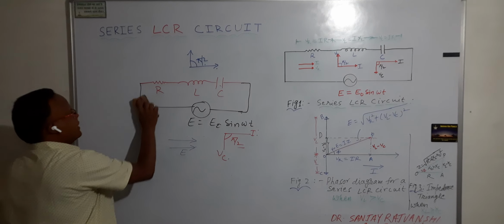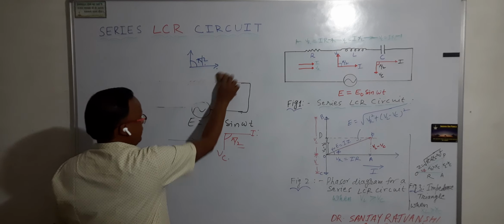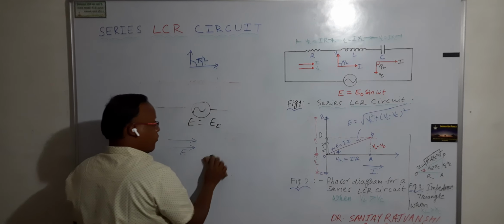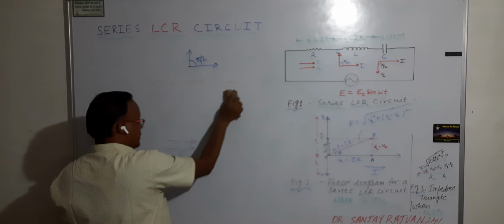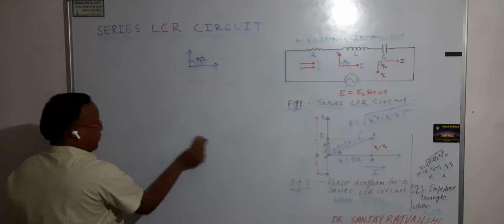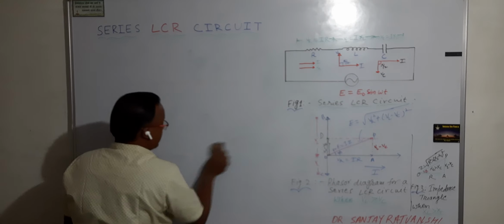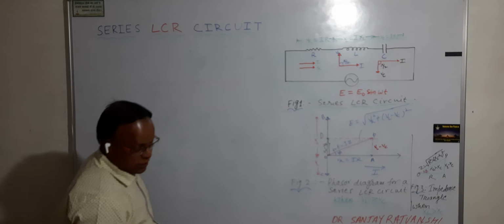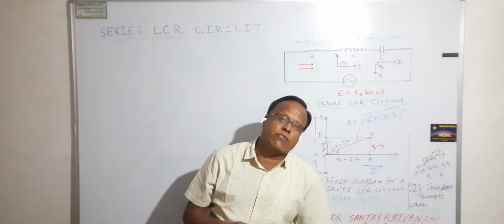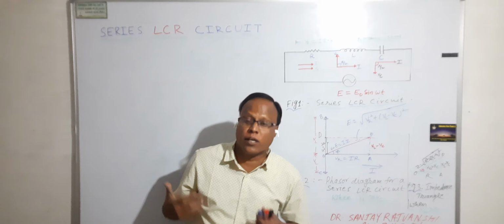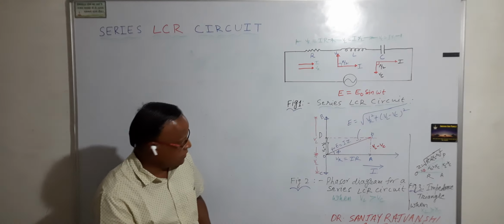Now, we will discuss it in detail. We calculate the voltages across the pure inductor, pure resistor, and pure capacitor. All three are connected in series, so we then calculate the effective voltage, effective current, and effective resistance, which is called the impedance of the circuit.